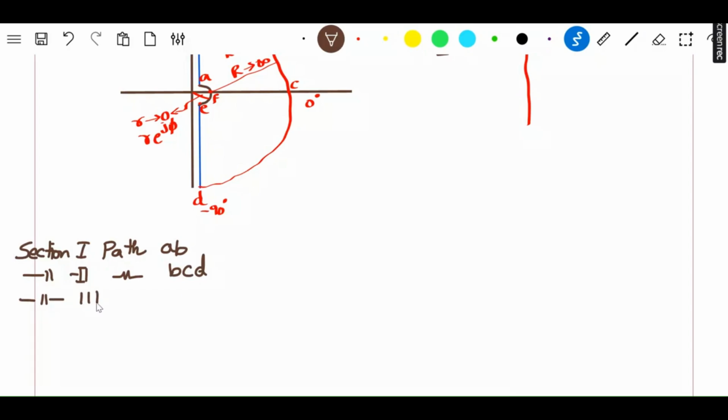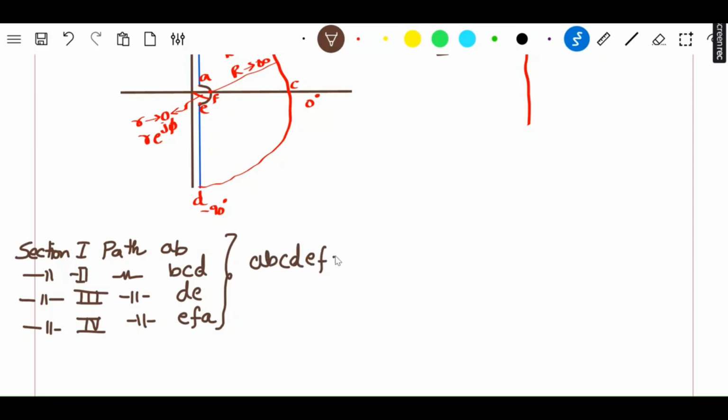Section 3 is path D and E. Now we have the fourth section, which is the path E, F and A. So the tracing we do here is A, B, C, D, E, F and A.